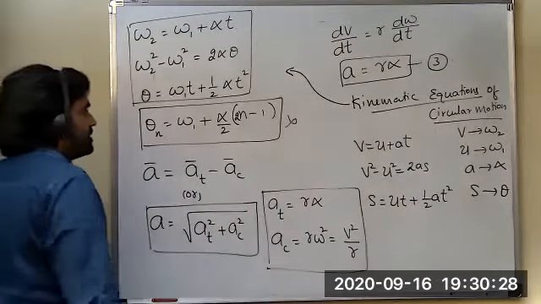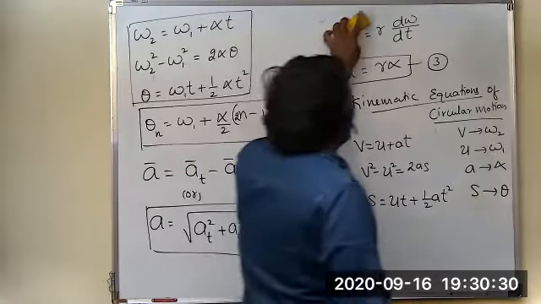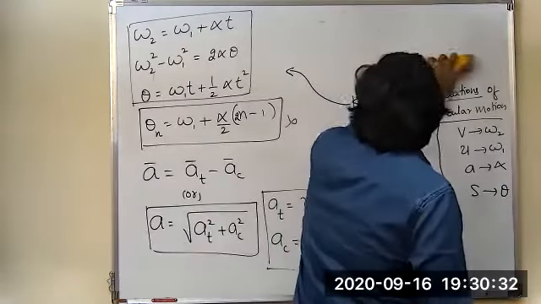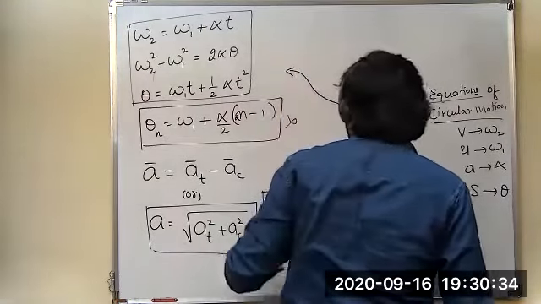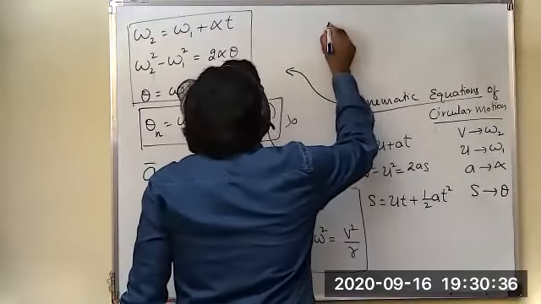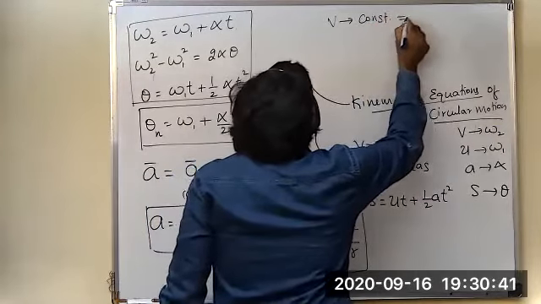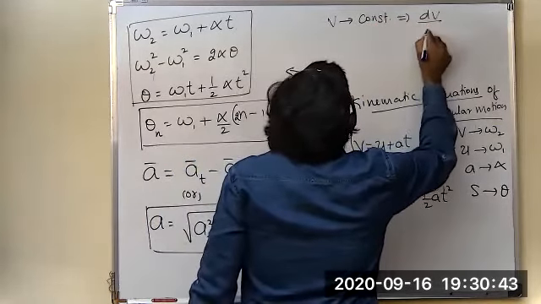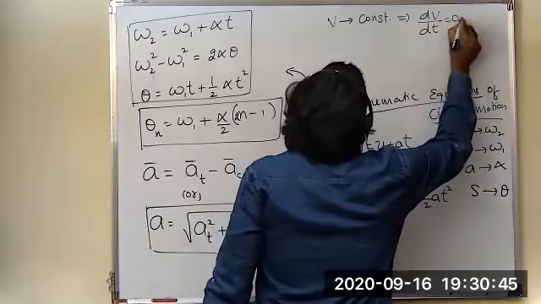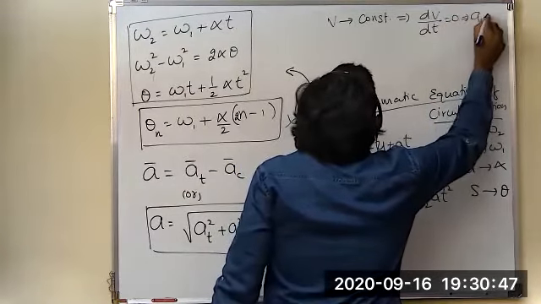And now say students, if a body is moving on a circle, suppose V is constant. If V is constant, then dV by dt will be 0, means tangential acceleration will be 0.